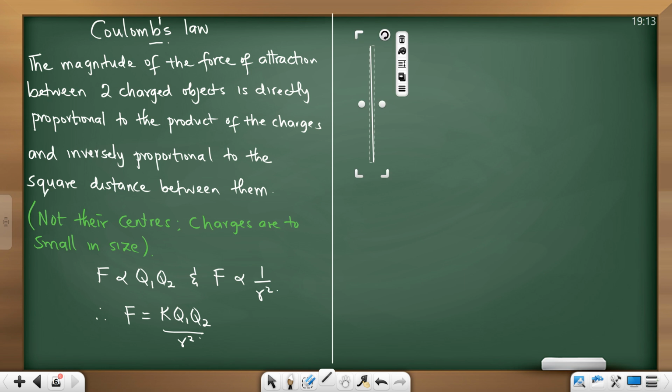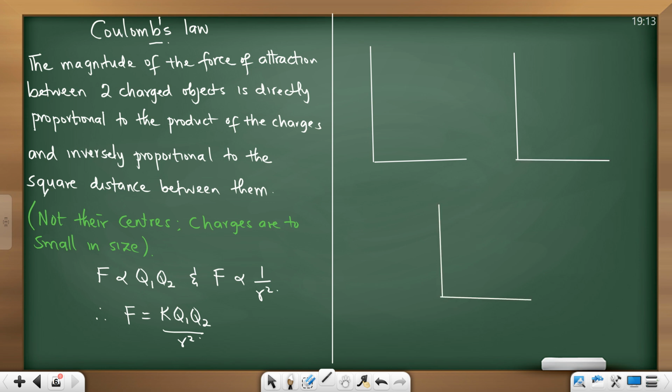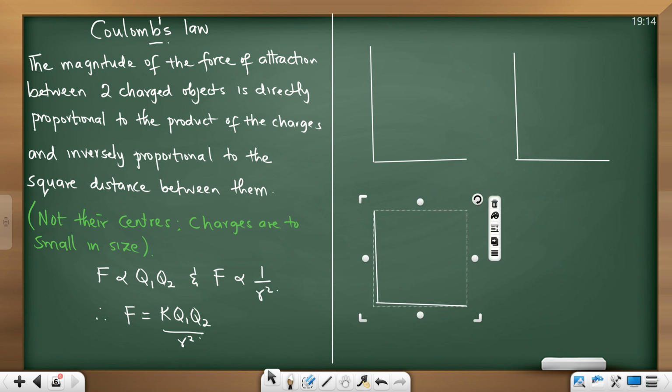I have 3 graphs to quickly draw on that. If you remember, we did quite some things with changing masses and reducing the distance. That automatically applies here as well.